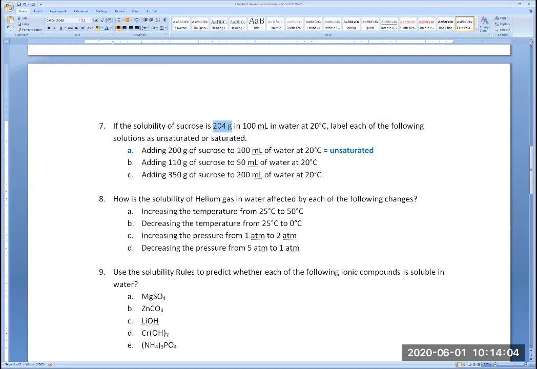Yes. So let's look at B. Adding 110 grams of sucrose to 50 milliliters of water at 20 degrees. So is this a saturated solution or an unsaturated solution? And here you have to think more, because it's not the same reference amount of water.